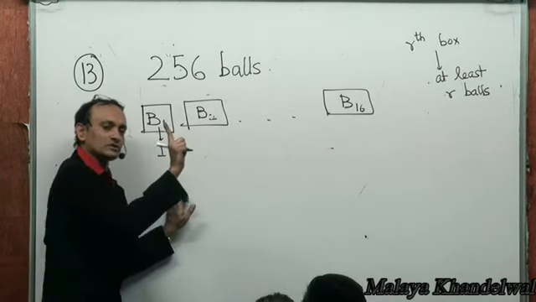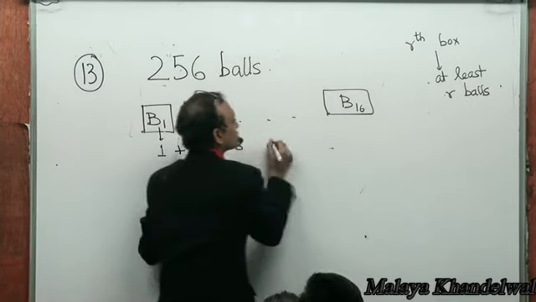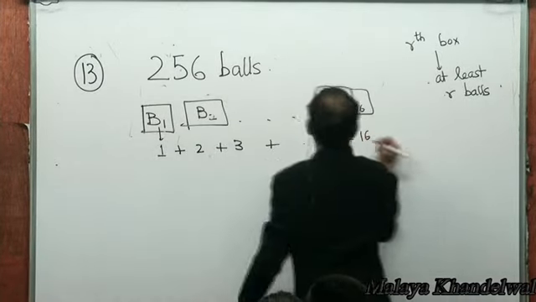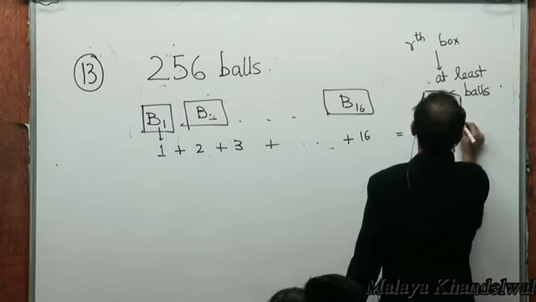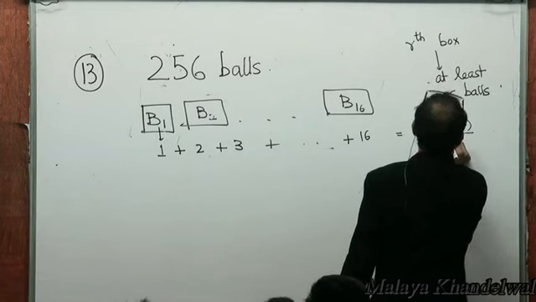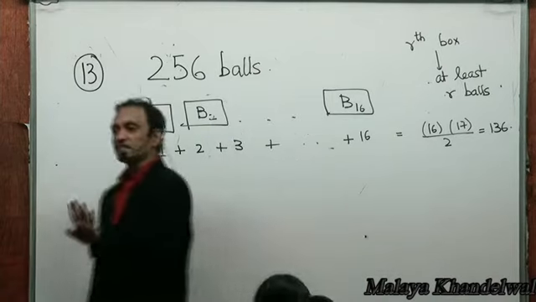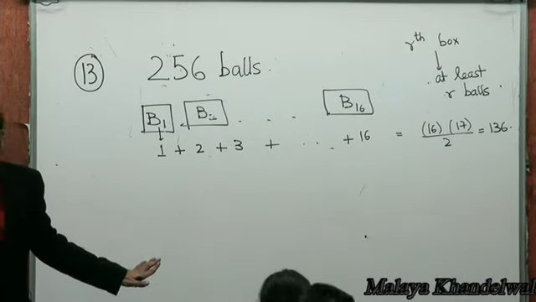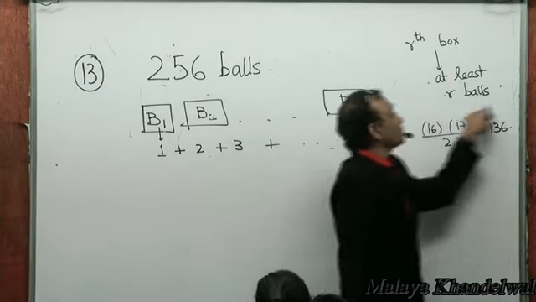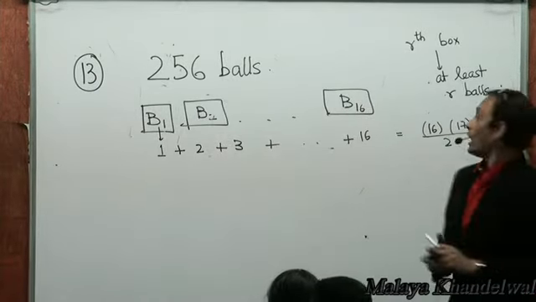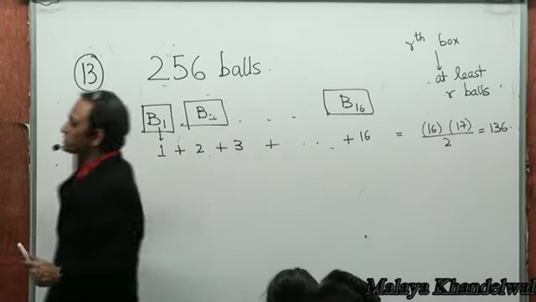Assign the minimum number of balls. Second box, 2 balls. Third box, 3 balls. 16th box, 16 balls. Right? So that makes it 16 into 17 by 2, 136, right? 136 balls have been used up. Yes or no? Now each box will satisfy the minimum requirement. So 136 balls have been already assigned with the given condition.